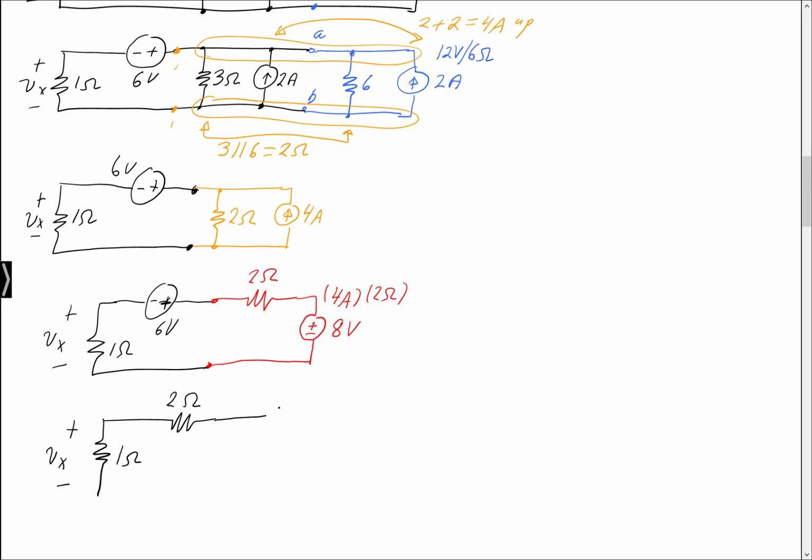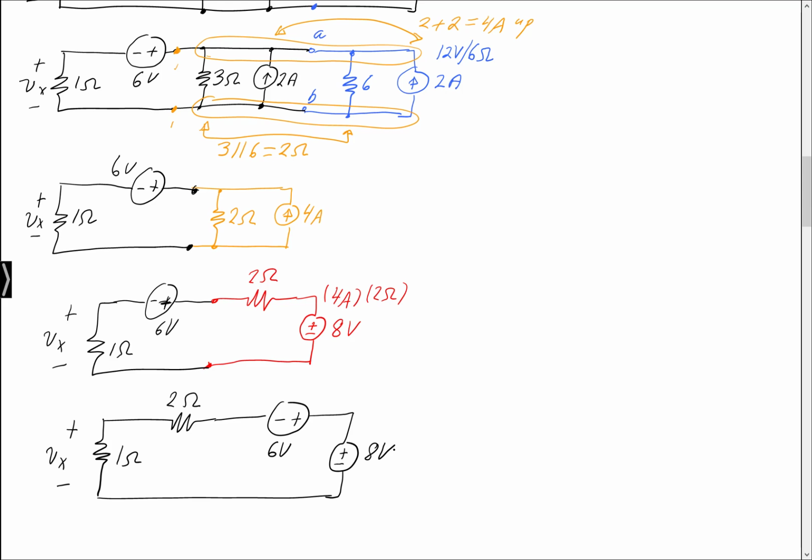I'm going to slide my 6 volts this way because honestly, I don't really care what kind of manipulations I do to the circuit to the right of the 1 ohm, where I'm looking at Vx. Okay, and the reason I'm drawing it this way is to call your attention to the fact that these two voltages are in series.